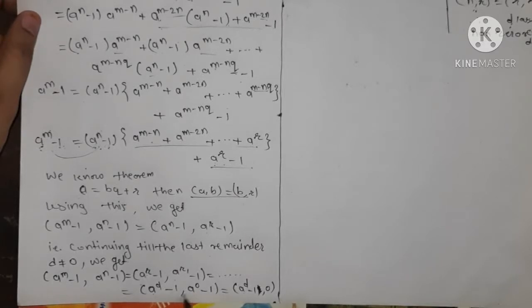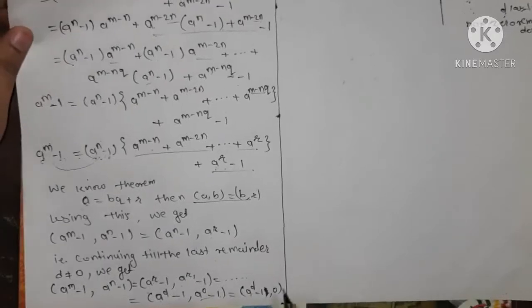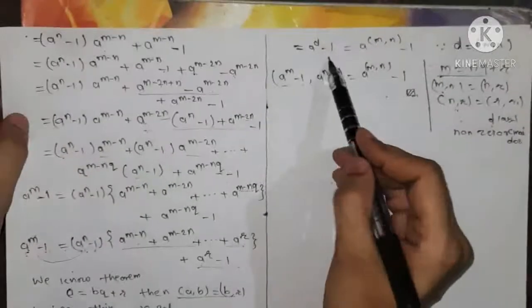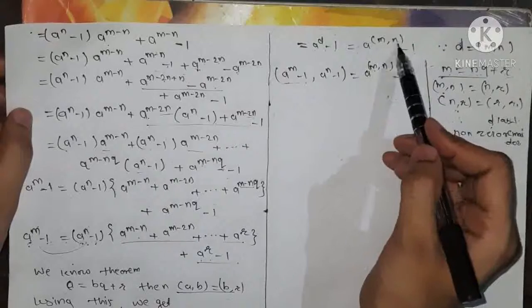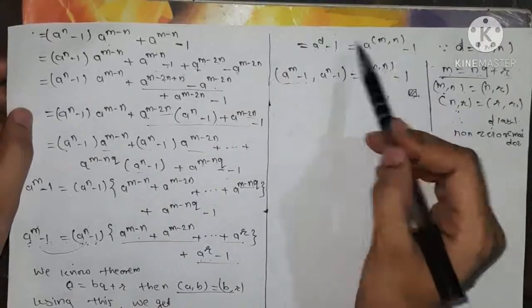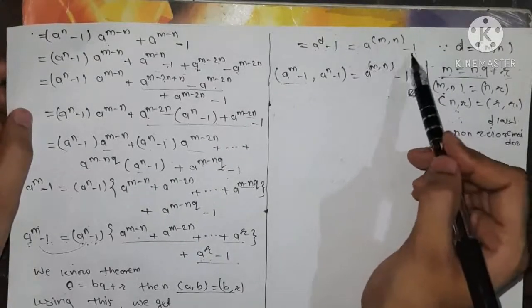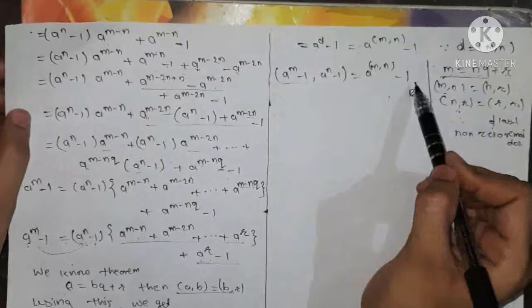Since this is equal to 0, the GCD is a to the power d minus 1, which is the same as a to the power GCD of m comma n minus 1. That is, d is nothing but the GCD of m comma n, and thus we get the proof.